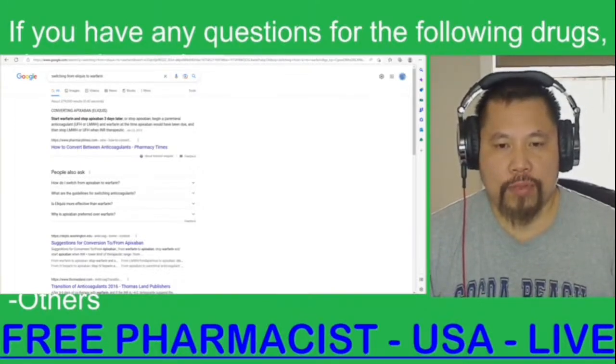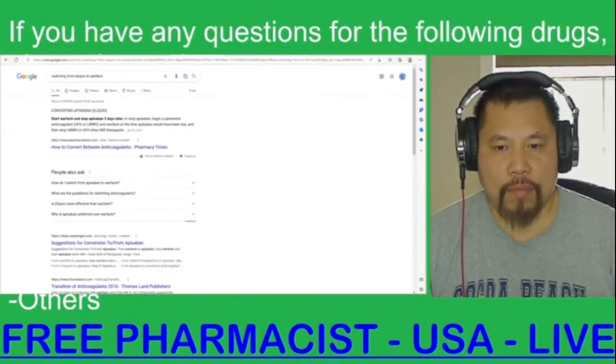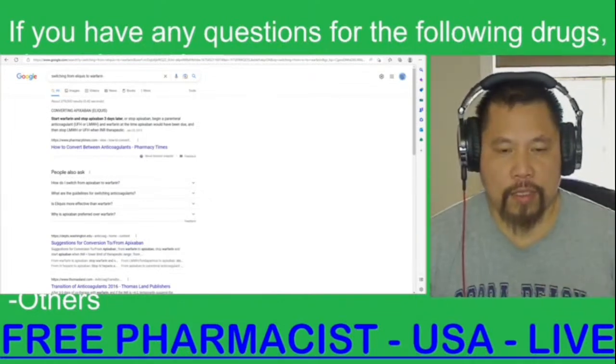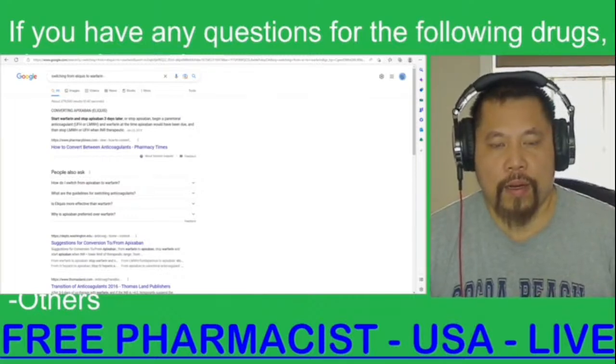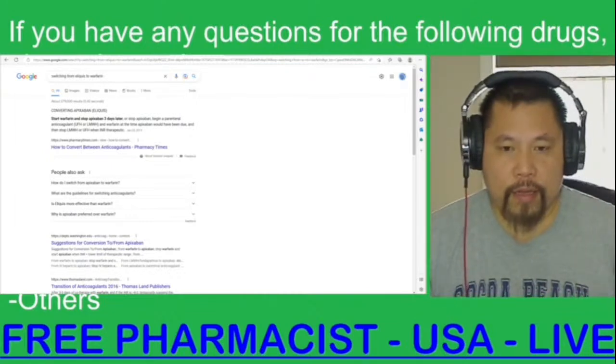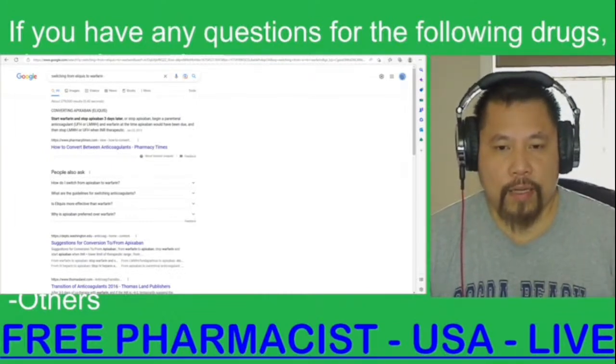The second option, they say maybe stop Eliquis and start the parenteral anticoagulant, or the injection anticoagulant, like Lovenox, and warfarin at the same time.